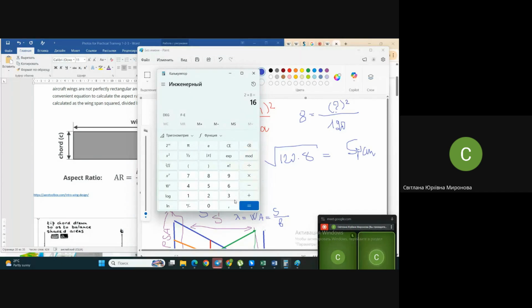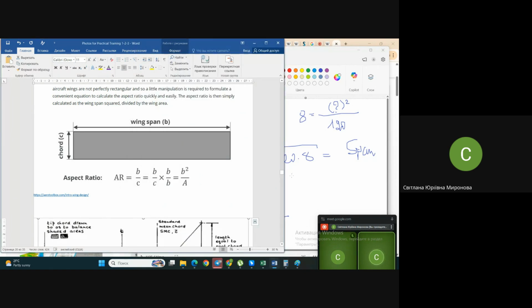Four square root to sixteen square root. Great, it works. On 8 and square root. Yes, 30, practically 31. So we have got a span of 31.